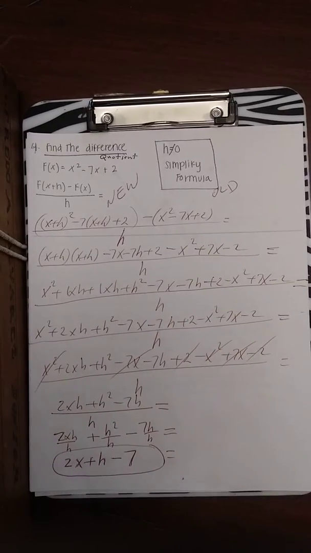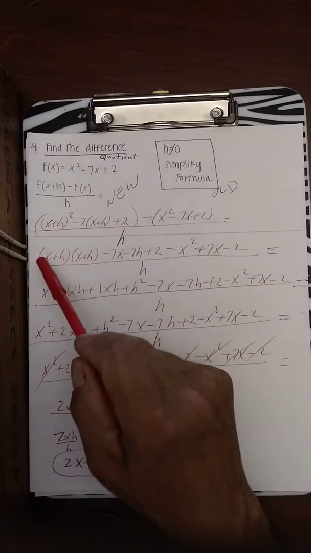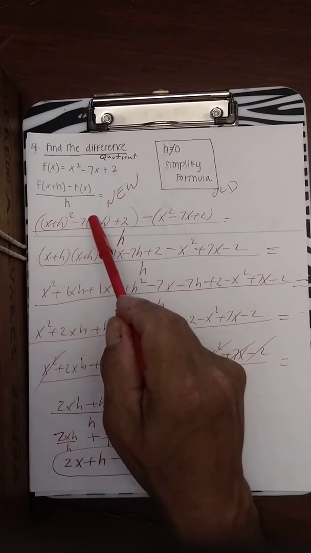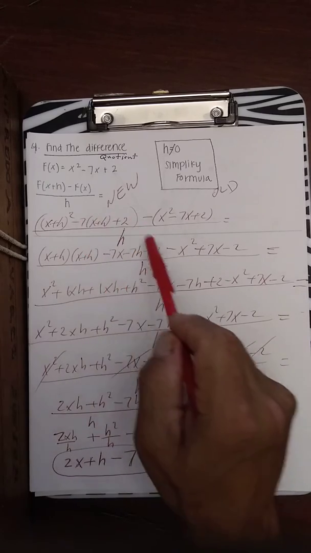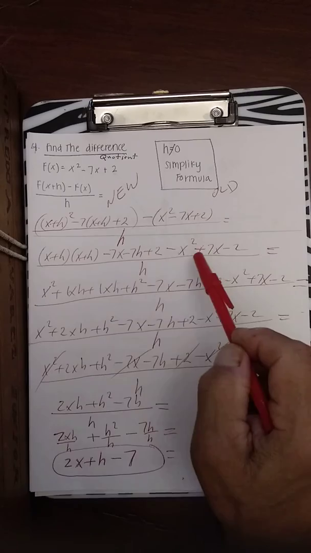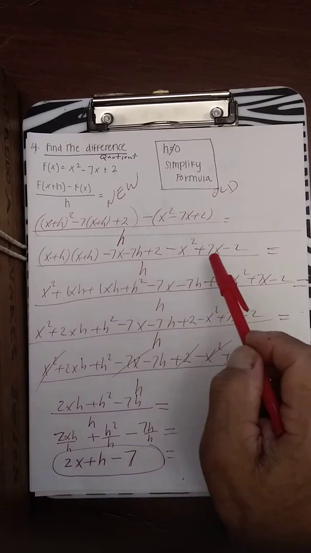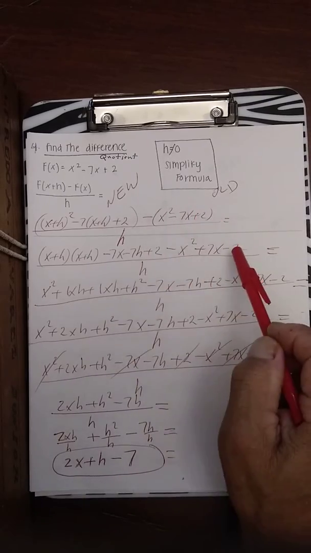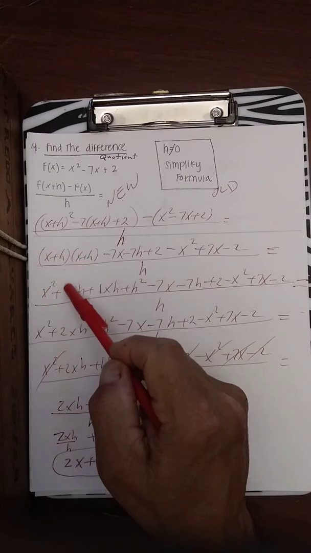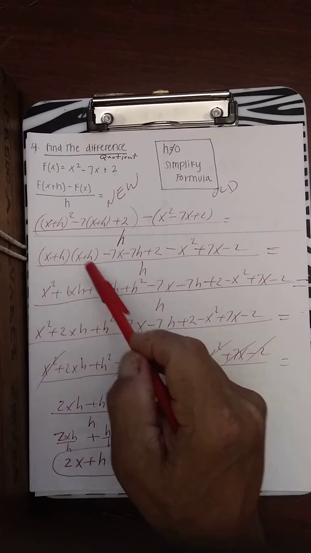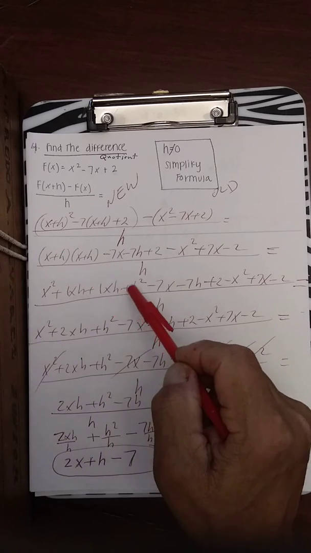So now, x plus h squared means x plus h times x plus h. And negative 7 times x is negative 7x, negative 7 times h is negative 7h, and the 2 down here, minus x squared, minus minus is a plus 7x, and negative of that is a negative 2. x times x, x squared, x times h, 1xh, x times h, 1xh, h times h, h squared.